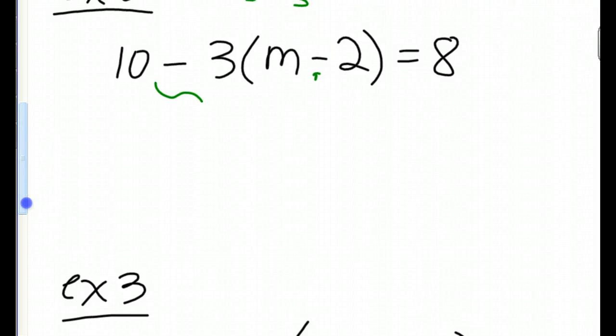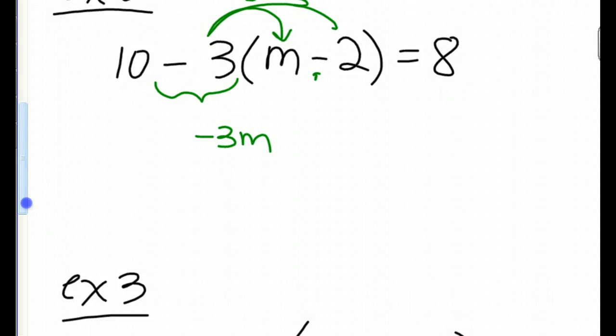So we still have a -3. We're first going to distribute -3 to m, which gives us -3m. Remember, that just means multiply them. Then we distribute -3 to -2, and we get a positive 6, because a -3 times a -2 is positive 6. Now we rewrite the rest of the problem.